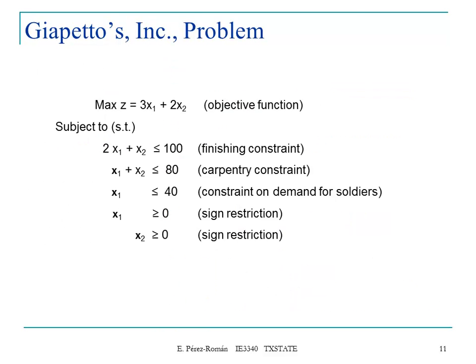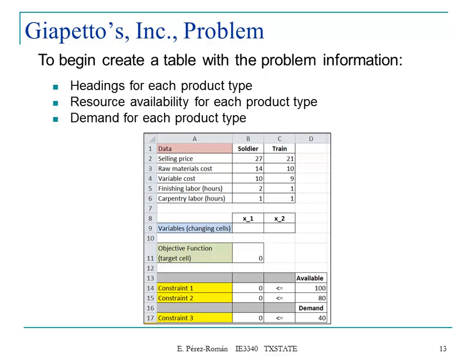So we're going to insert for constraint number 1, 2x1 plus x2, and so on. Okay, so we're going to be dealing with this type of table when you are trying to solve a problem using Excel. So you need to create your table, and then you know that you're going to have these 3 things: variables, changing cells, target cell, and your constraint.